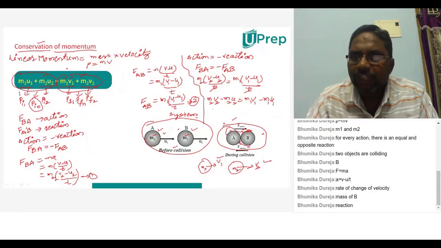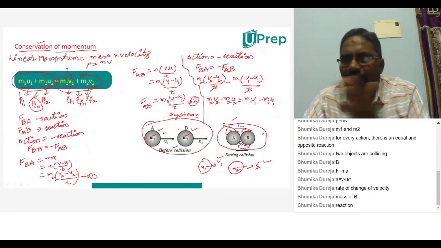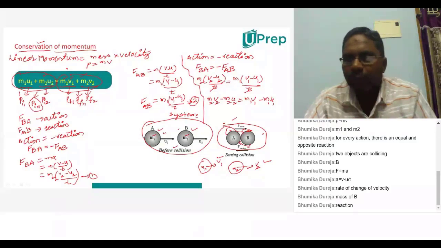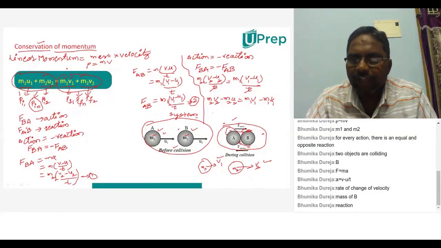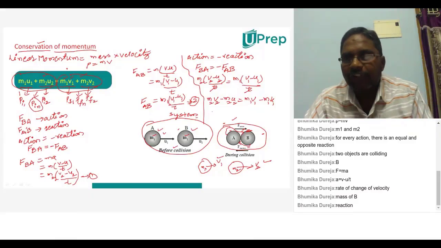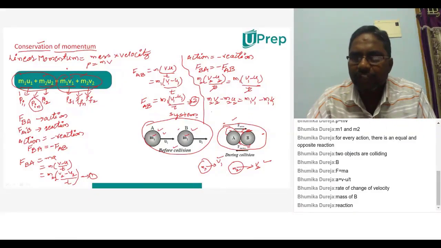Now what I am doing is I am writing all 1 values one side and all 2 values one side. Sorry, all V's one side, all U's one side we are writing.